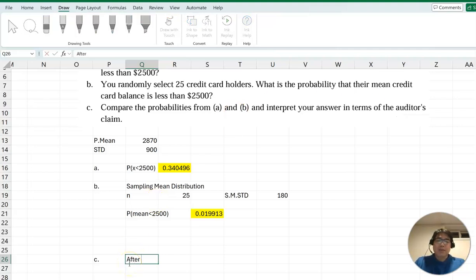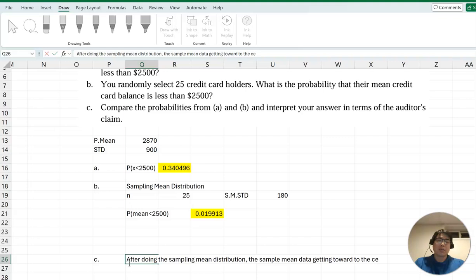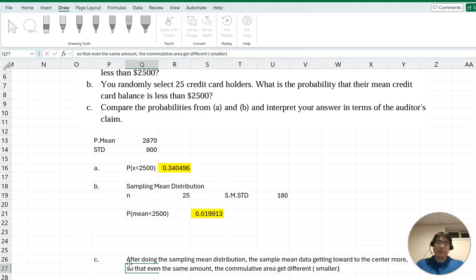After doing the sampling mean distribution, the sample mean data gets more toward the center, so even at the same value, the cumulative area is different, most likely smaller. So that's the answer for this question.